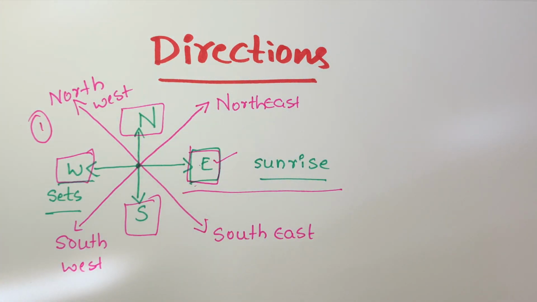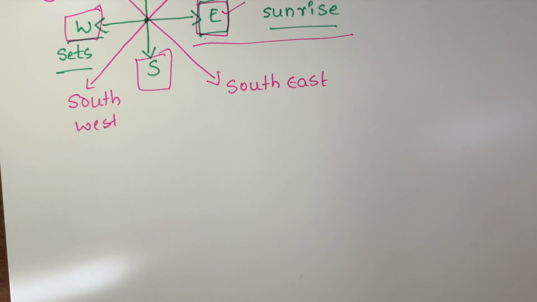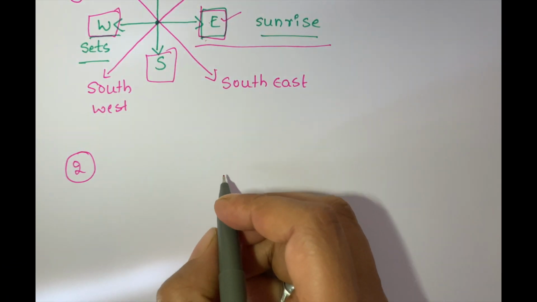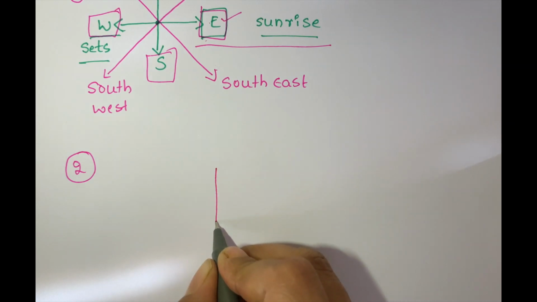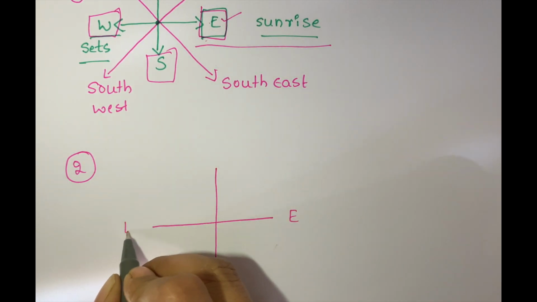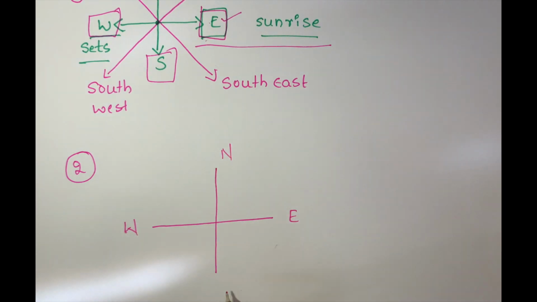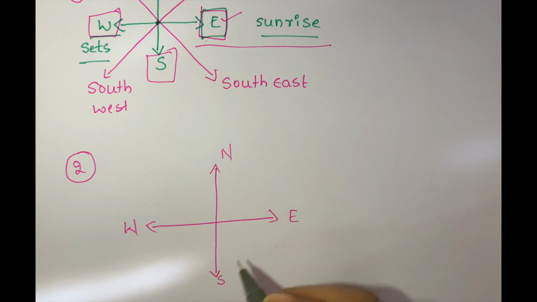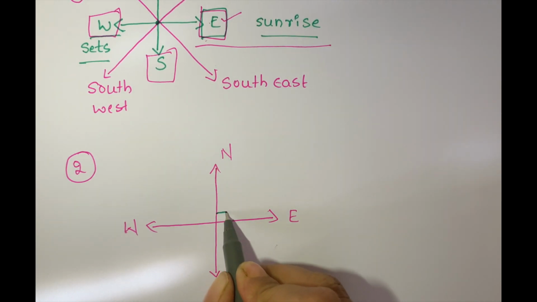Next, moving on to the second concept. The second concept is about the angles between the directions. Again, the same one, east, west, north and south. Okay, so the angle between each direction is always 90 degrees.